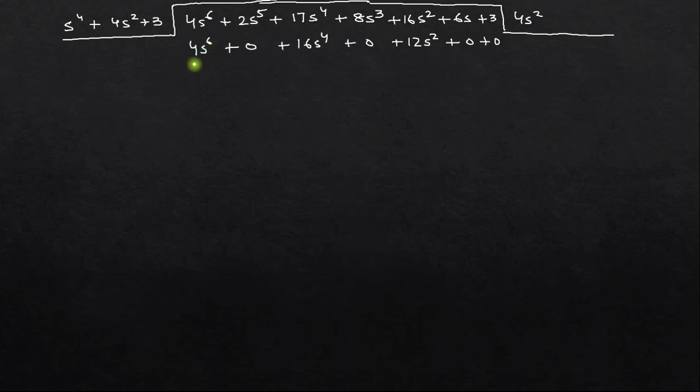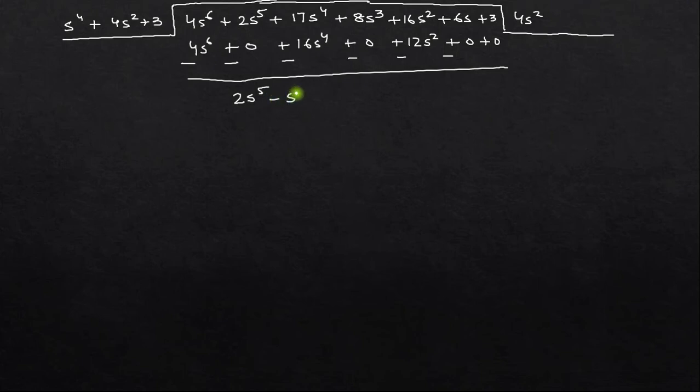Now taking the difference, I should change the sign. After changing the sign and subtracting them, these two will cancel out. I will get 2S^5, now minus S^4, plus 8S^3, plus 4S^2. Of this I will get plus 6S plus 3.